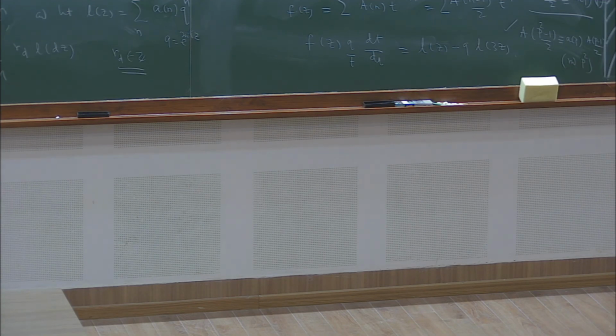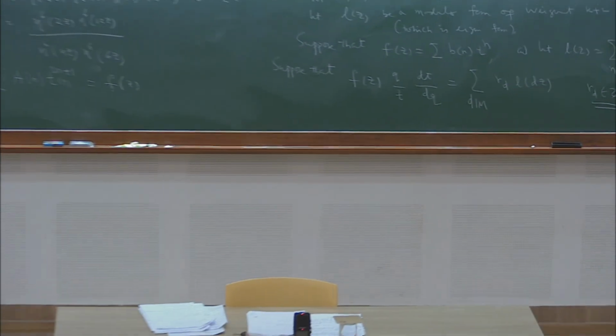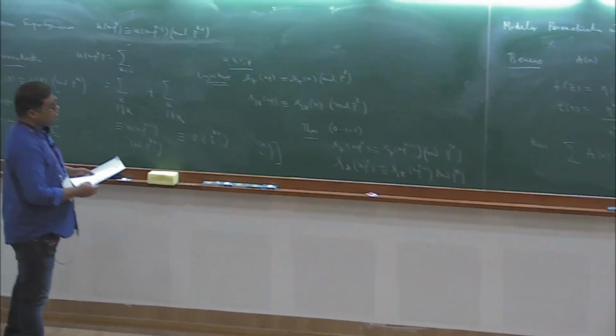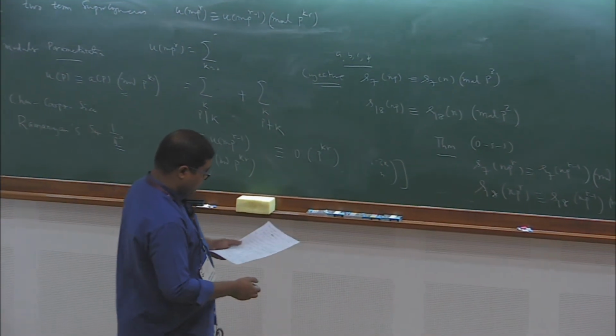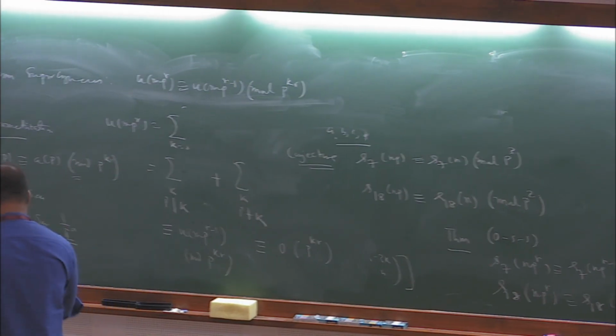And there is another type of supercongruence that comes from Ramanujan series for 1 by pi, or pi to the power a. Let me write down one particular series of Ramanujan.